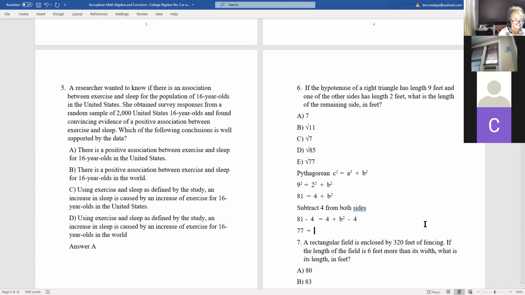And what do I have on the right side? 4 minus 4 plus B squared. What's that equal to? Plus 4 and a minus 4 is what?